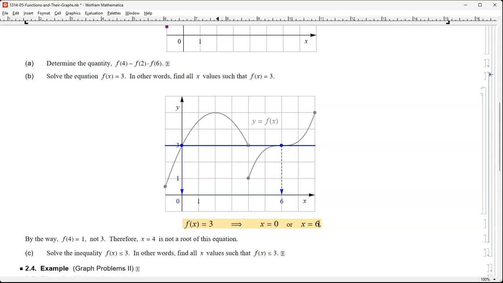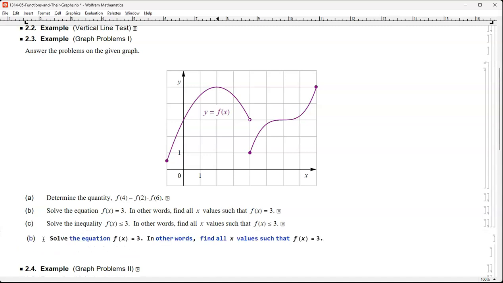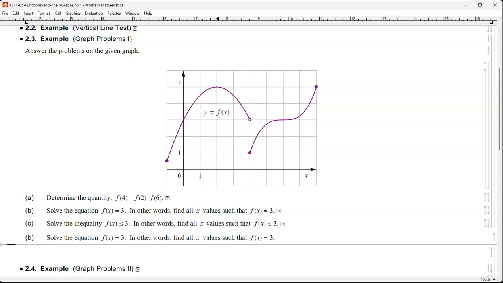Now, what if you have a different f of x value? For example, what if you have this problem here, which I'm copying, pasting and adjusting. Let's call it b star. Solve the equation f of x is 4. We need y equals 4, so we need this horizontal line, y equals 4 right here.